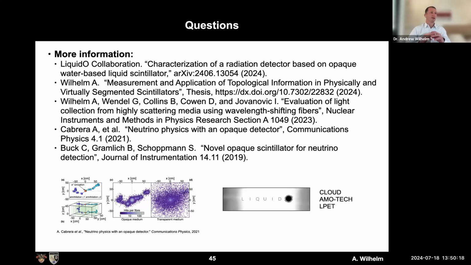You would want to design a detector of proportions that were sufficient to allow gamma rays to interact within the volume most of the time. So I think that's what you're asking. If I didn't understand that correctly, please try to rephrase it or let me know.